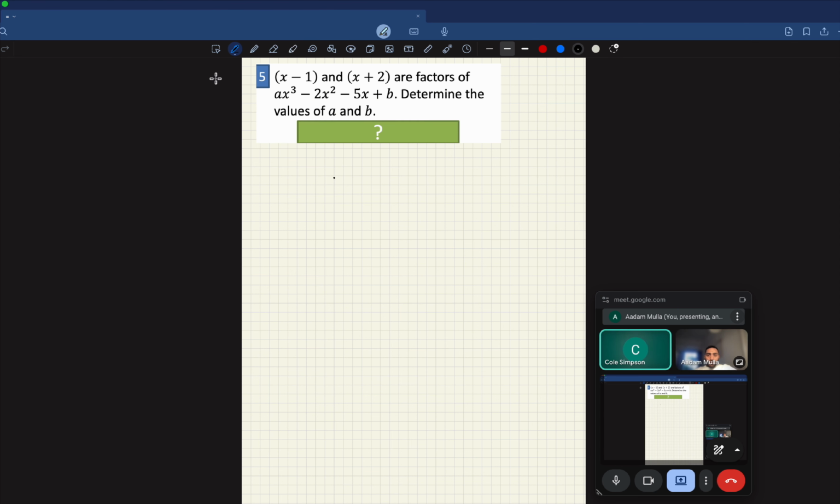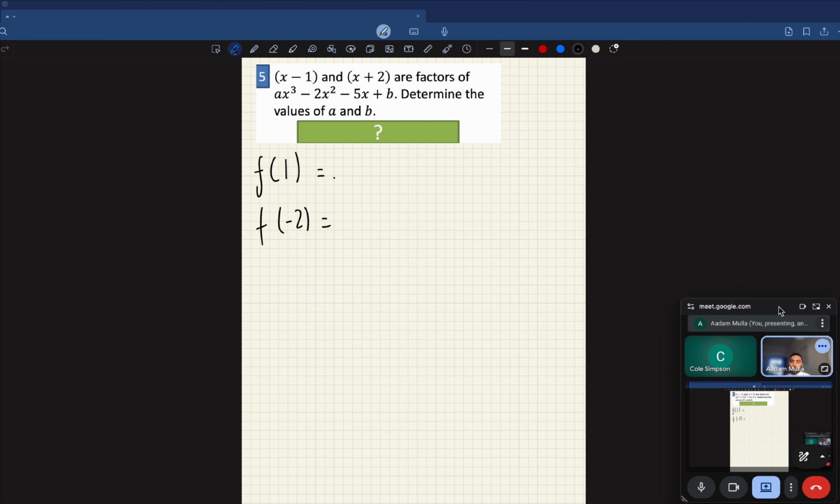Substitute them in. Yeah, what would I substitute in? 1 and -2. Okay, go for it, and then I'll help you after you've done that bit. You done the first one? Yeah. Okay, I'll write it down. I can check it.